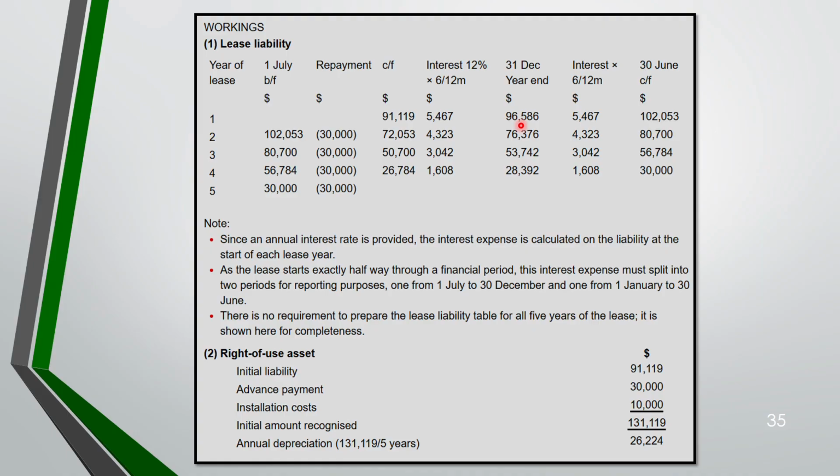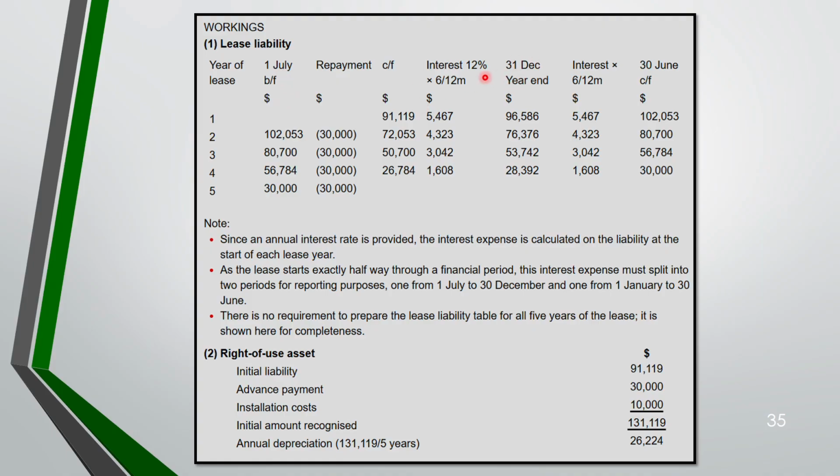Now, there is one twist in this question, that you see it is for 6 months. The first period is for 6 months. So you see in year one, you don't have any 30,000 payment, and your brought forward balance is this, which is on 1st July. So from July to December, you have 2 year ends.